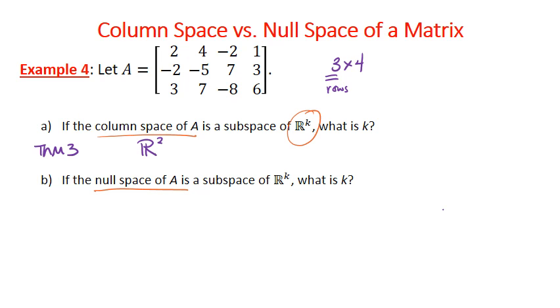So it will be R^3. Then part B, the null space, is theorem 2. This will tell us what our subspace should be, and this one is R^4. So k equals 3 for the column space and k equals 4 for the null space. Not so bad.